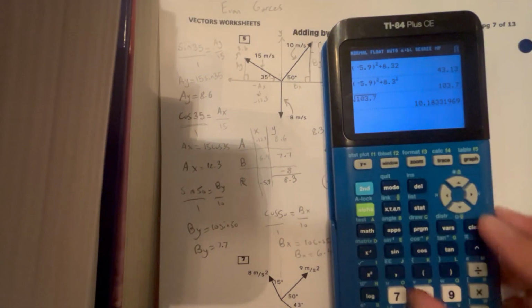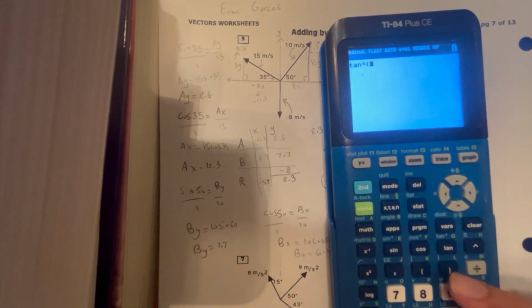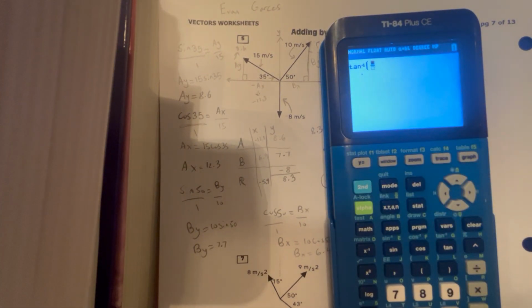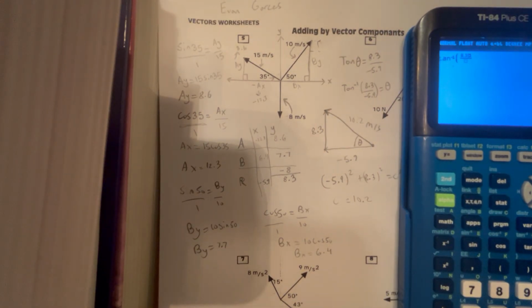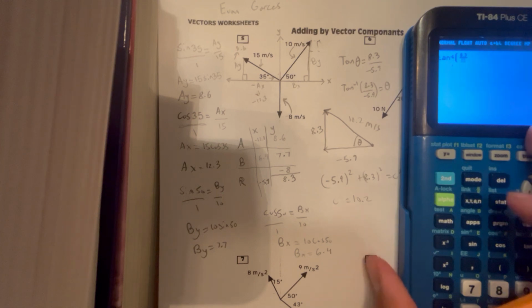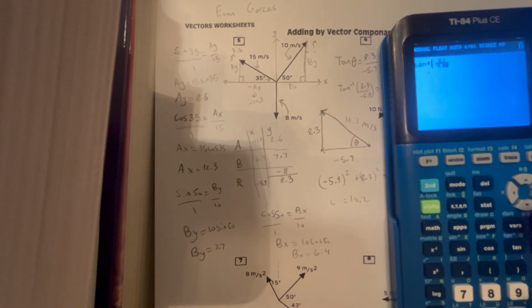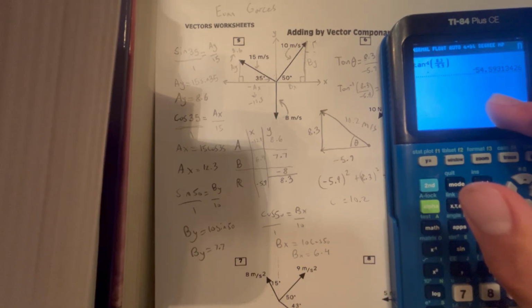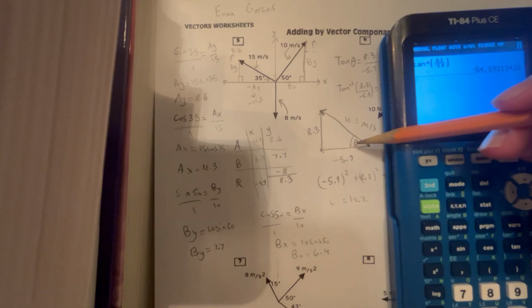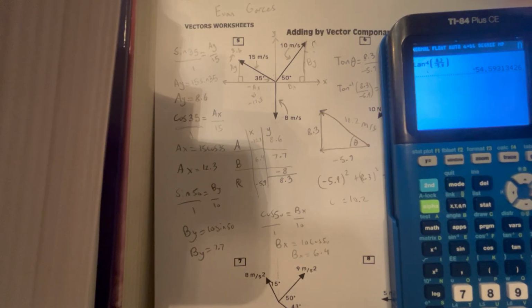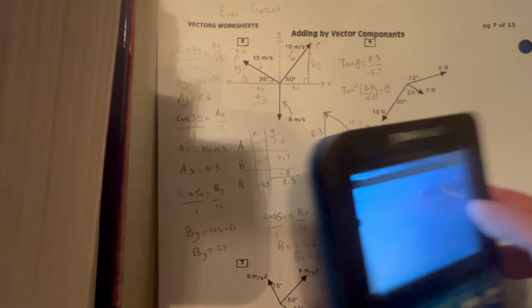So you do second tan, 8.3 divided by negative 5.9. The thing is that you're going to get a negative angle, but the angle right here, if you think about it realistically, is not going to be negative. It's going to be positive, so we're just going to negate the sign. It's going to be 54.6.